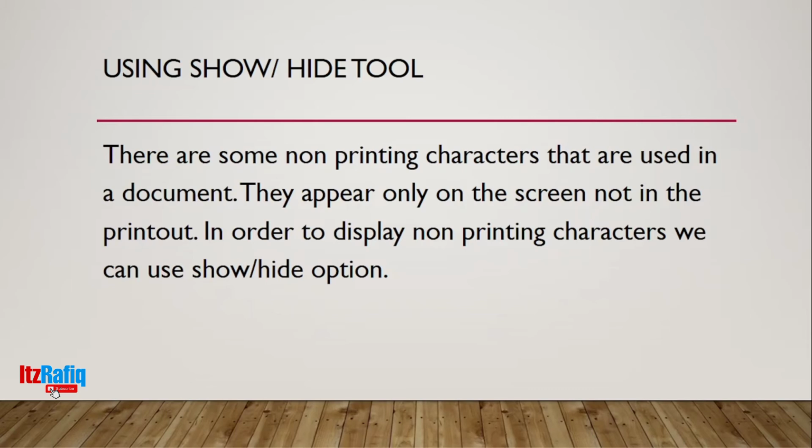By default they are hidden. If we want to see them, we can show them and see where we have put the enter key, where we have added a tab key, where we have applied the space bar. But while printing the document, these non-printing characters will not be printed.